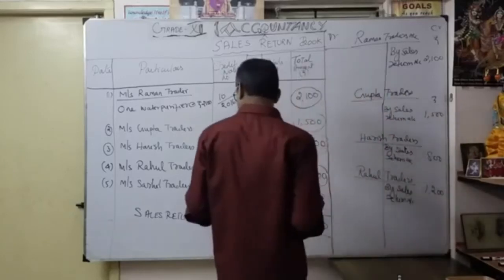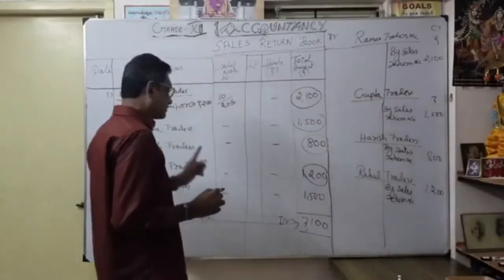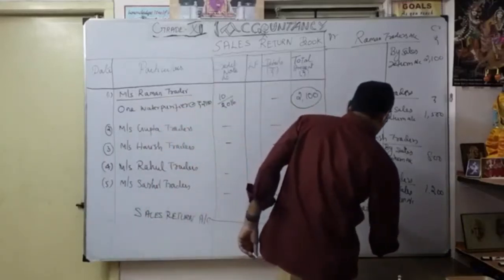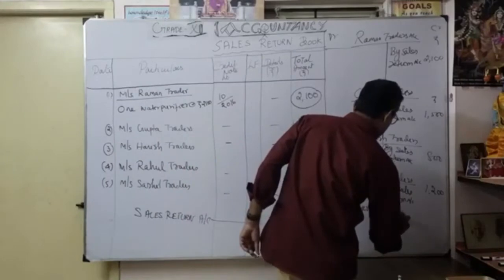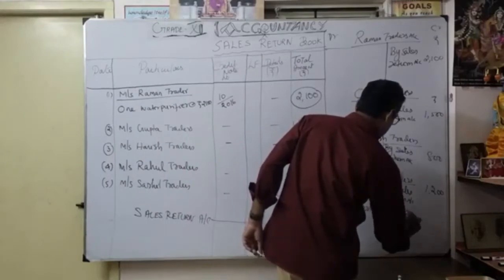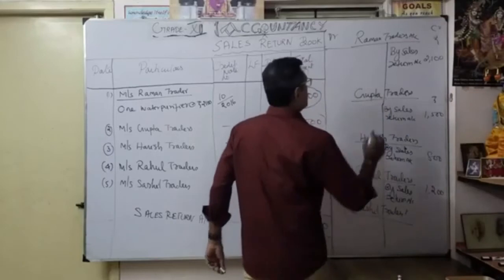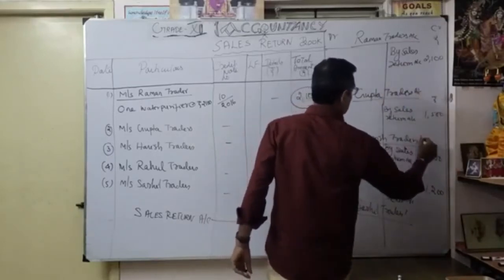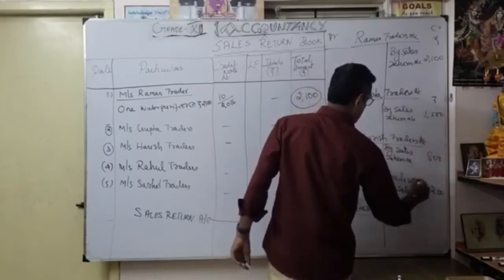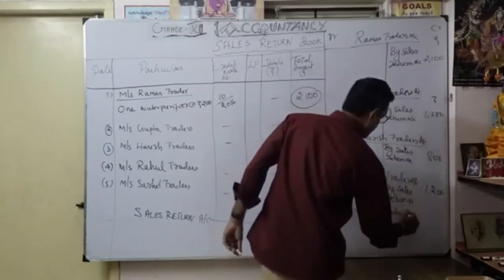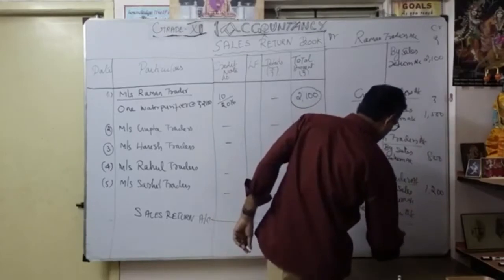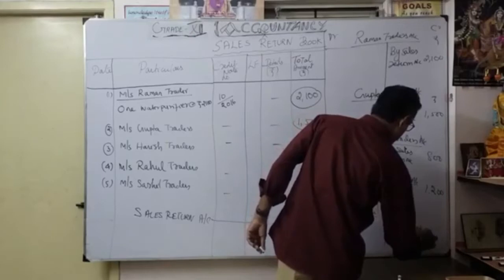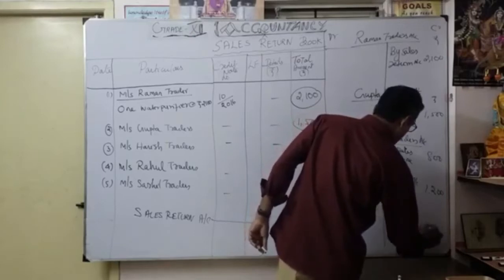Then we are going to open one more account, Shashil Traders, one of the customer accounts. Under Shashil Traders account, we write, by sales return account, 1,200.